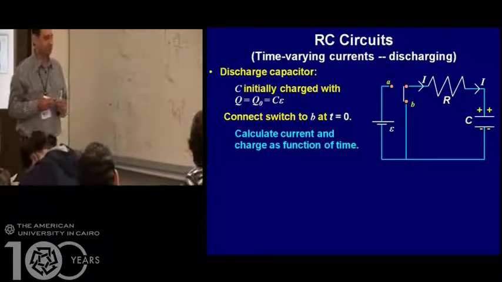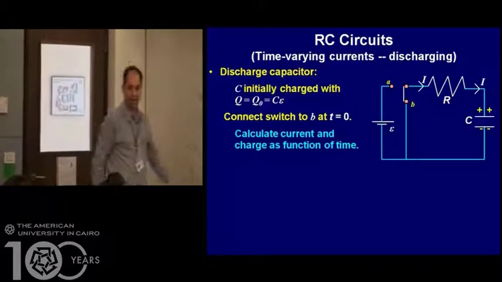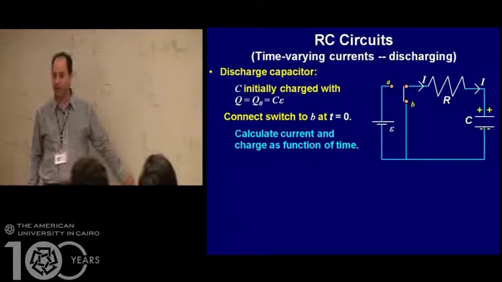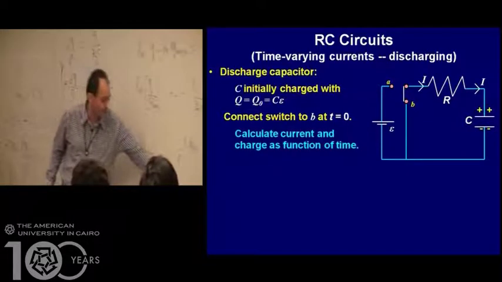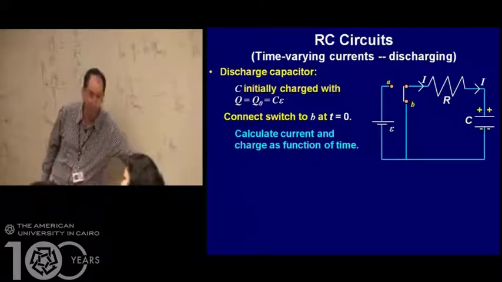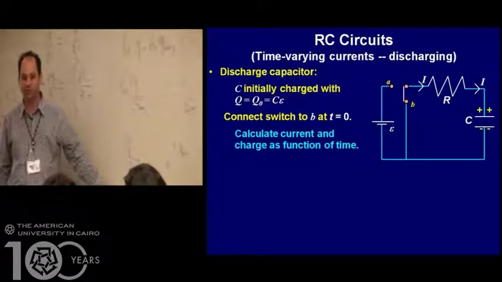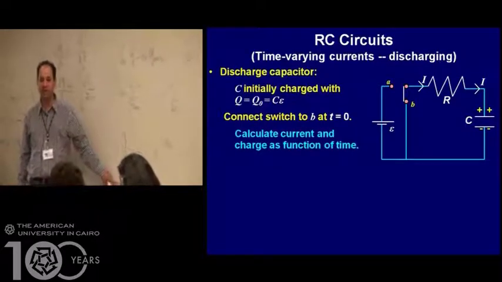This is the equation that describes Q, the charge on a capacitor, at any time T. Just tell me the time T, tell me the values of R and C, and I will be able to find the charge on the capacitor at any time.